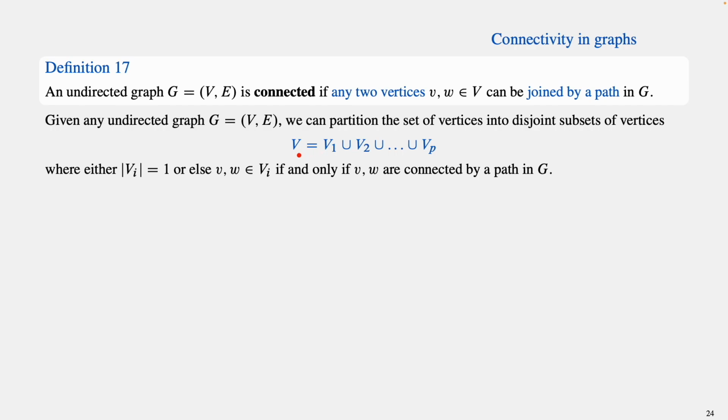V, the vertex set, is a union of disjoint subsets v1, v2, and so on, where either the subset vi contains exactly one vertex, or if it has more than one vertex in it, then two vertices v and w are contained in vi if and only if they are connected by a path in G.